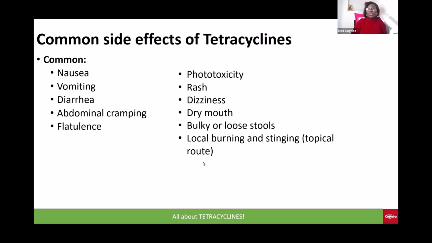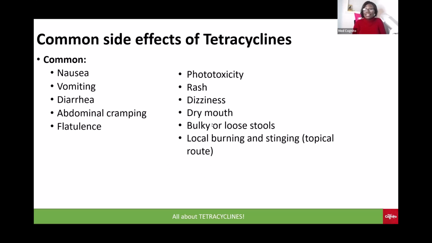So now we're going to look at some common side effects of tetracycline. They include nausea, vomiting, diarrhea, abdominal cramping, and flatulence. Also, tetracycline causes phototoxicity. So the skin becomes sensitive to sunlight and the client can have sunburns.